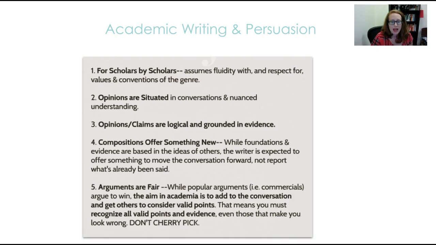Not that it won't have what we consider bias with a little b, what everybody has, but the goal is for it to not have any bias with a big B. The overuse of emotion, leaving out other perspectives, not being fair to other perspectives. Academics, and those peer-reviewed articles that you read, make arguments. They look at data and interpret data. That's still an argument. And you want to think about that being the goal.